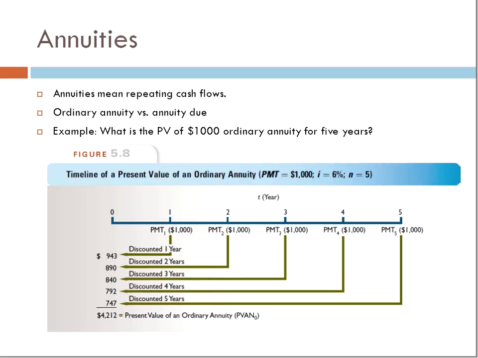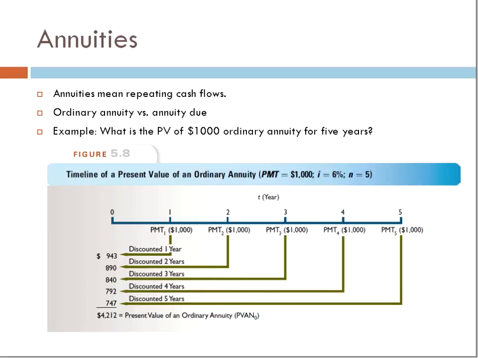Another way of looking at it is, given the interest rate, if you wanted to be indifferent between receiving an amount of money today versus receiving $1,000 every year for the next 5 years, what number would that be? Or what present value to you would make you indifferent between receiving $1,000 every year for the next 5 years versus receiving that lump sum amount now?